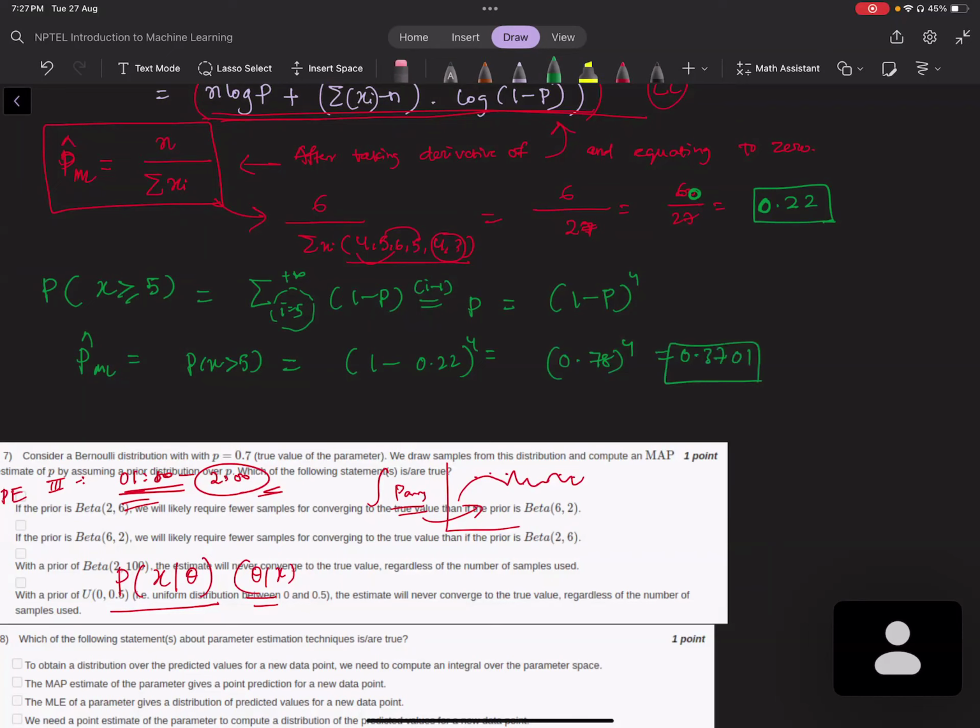So I think D would be the correct answer for the value 0.366.